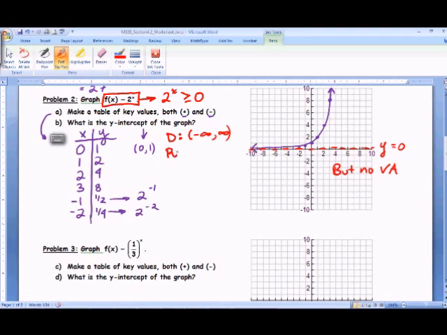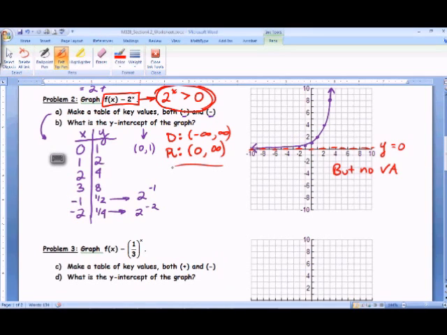The only thing is the outputs are always bigger than 0. In fact, I said that the 2 to the x is always greater than or equal to 0. Actually, it's always strictly greater than. So this gives us our range, the thing I'm circling right now. 2 to the x is always greater than 0. My range is from 0 to infinity, not including 0.